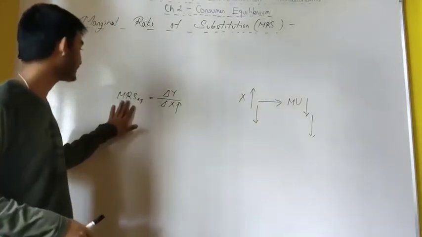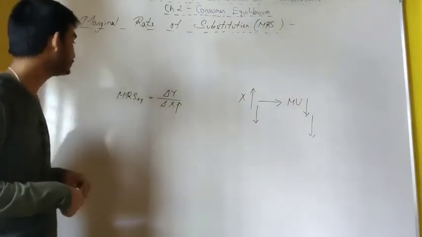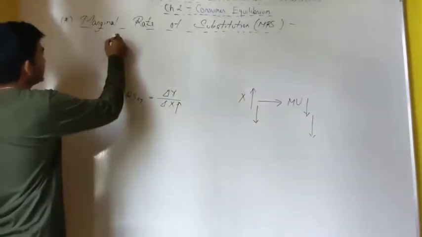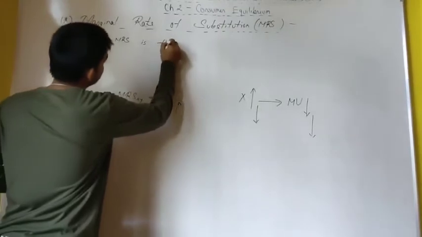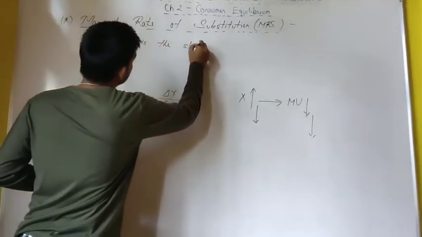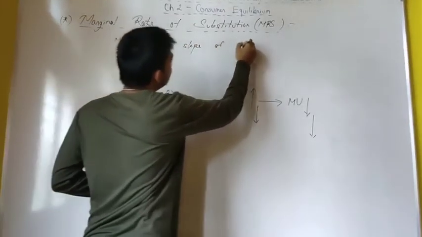You will try to sacrifice, and let me tell you, this MRS is basically the slope of the indifference curve.